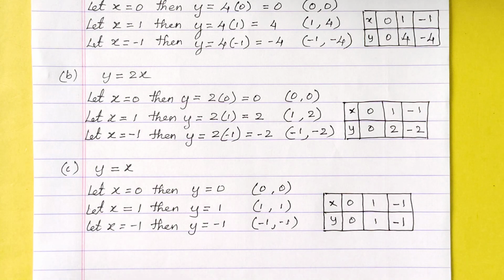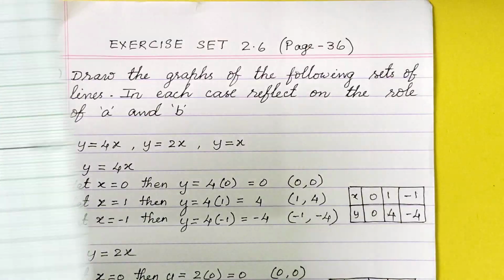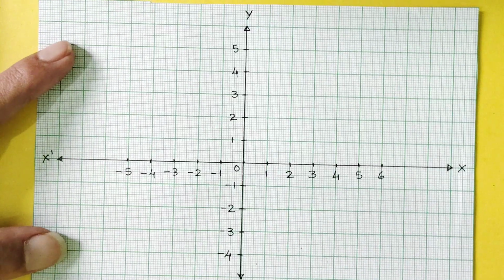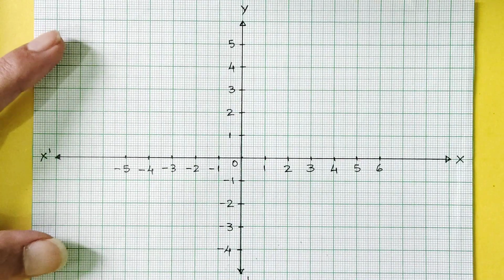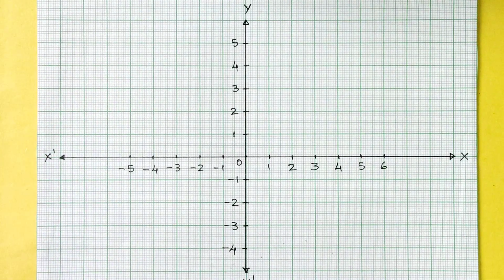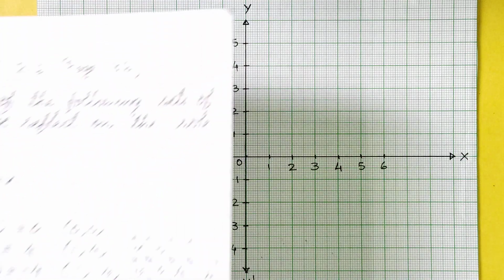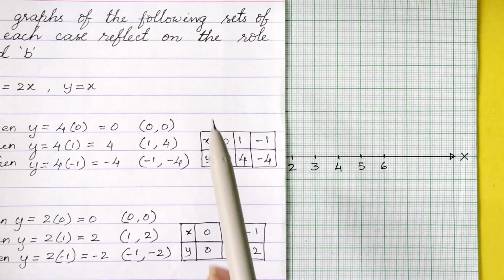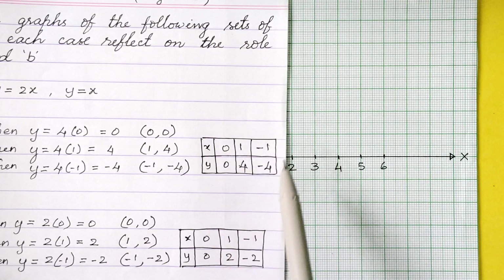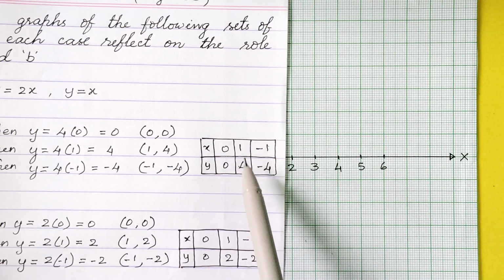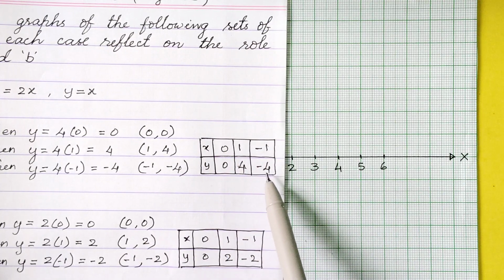So while plotting, this is the graph sheet. I am trying to plot the first one. The first one, you can see here, the values are like this: 0, 0, 1, 4, minus 1, minus 4.